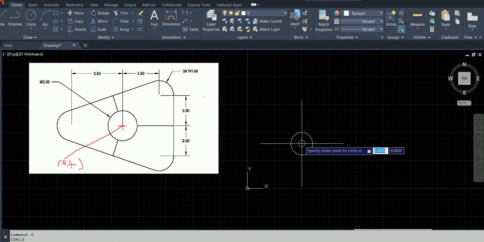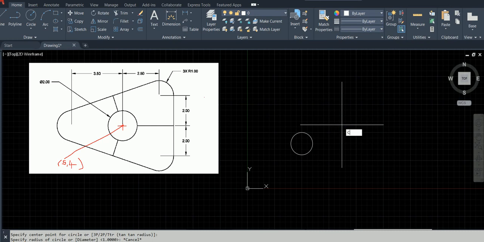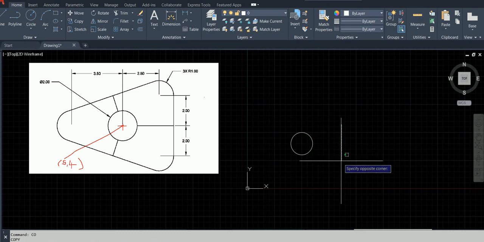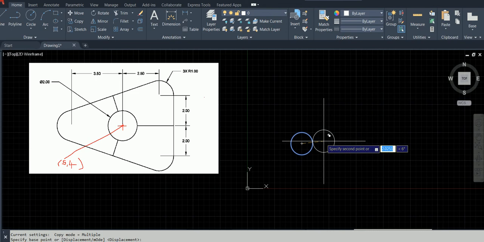From center. Sorry, center. Oh, copy. Why you want to draw again? Okay, instead of doing this way, just teaching you some tricks here. Copy. X is how much? 2.5.